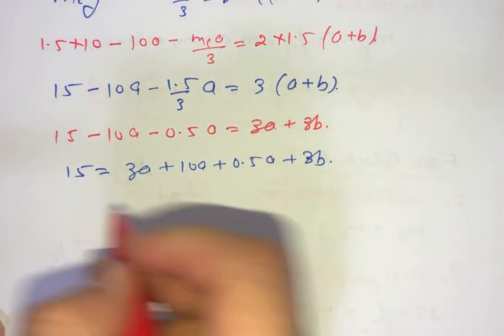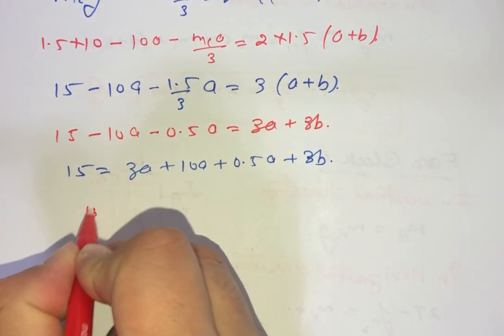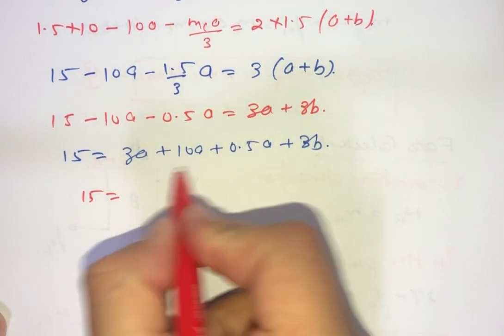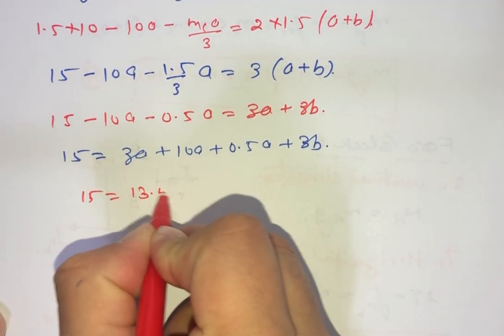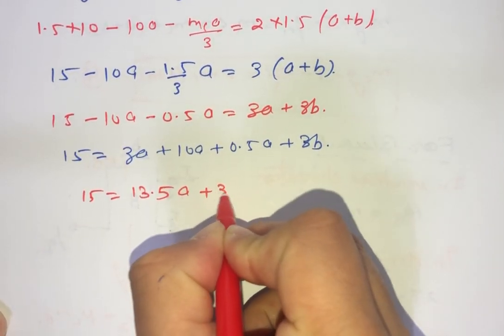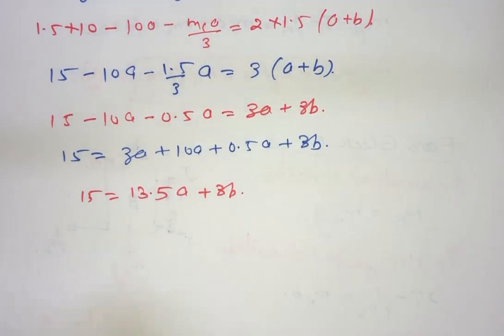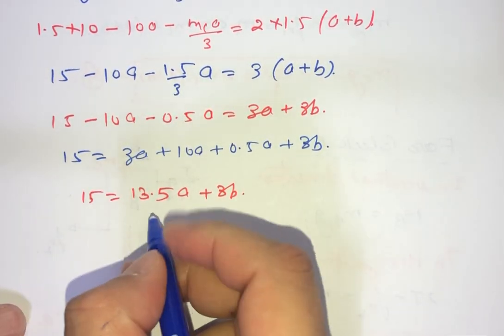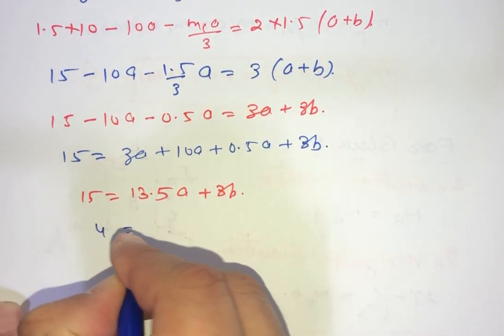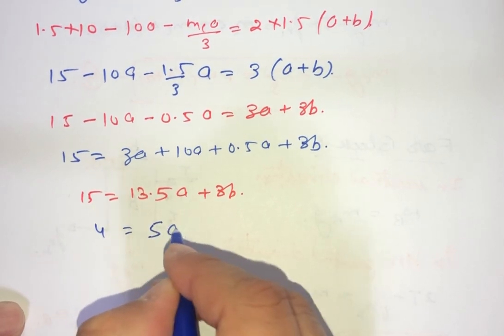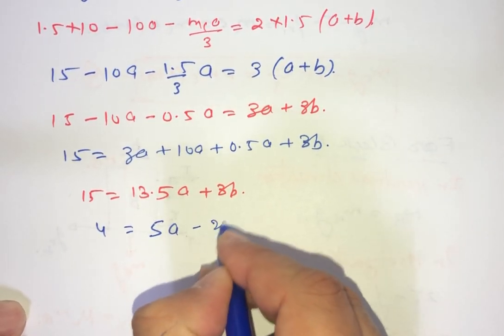So we add them, we get 15 is equal to 13.5a plus 3b, and we already know equation number 6, which gives us 4 is equal to 5a minus 2b.